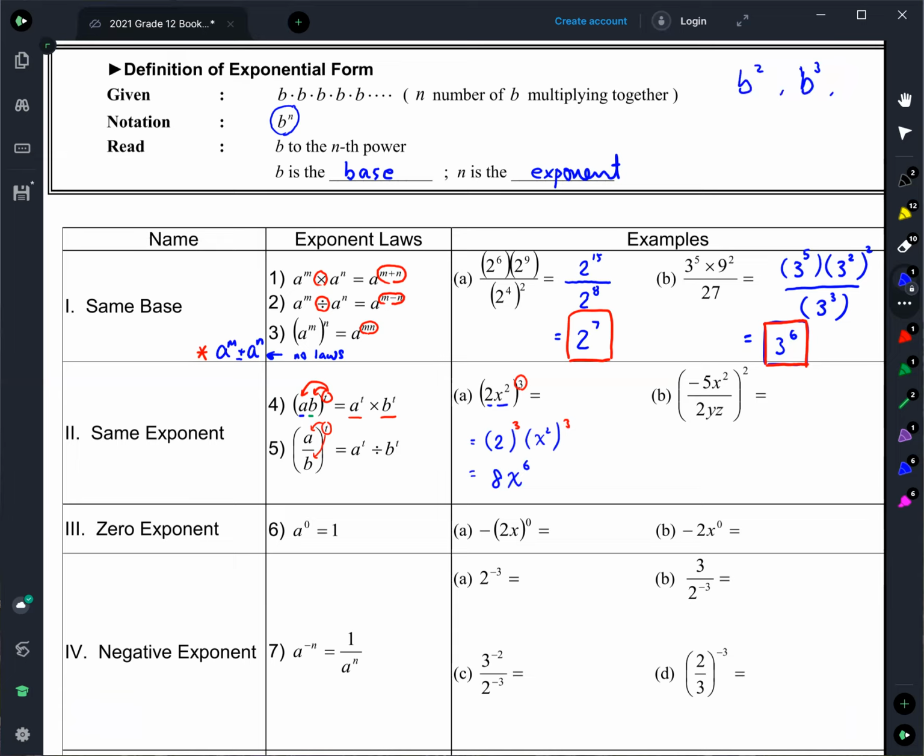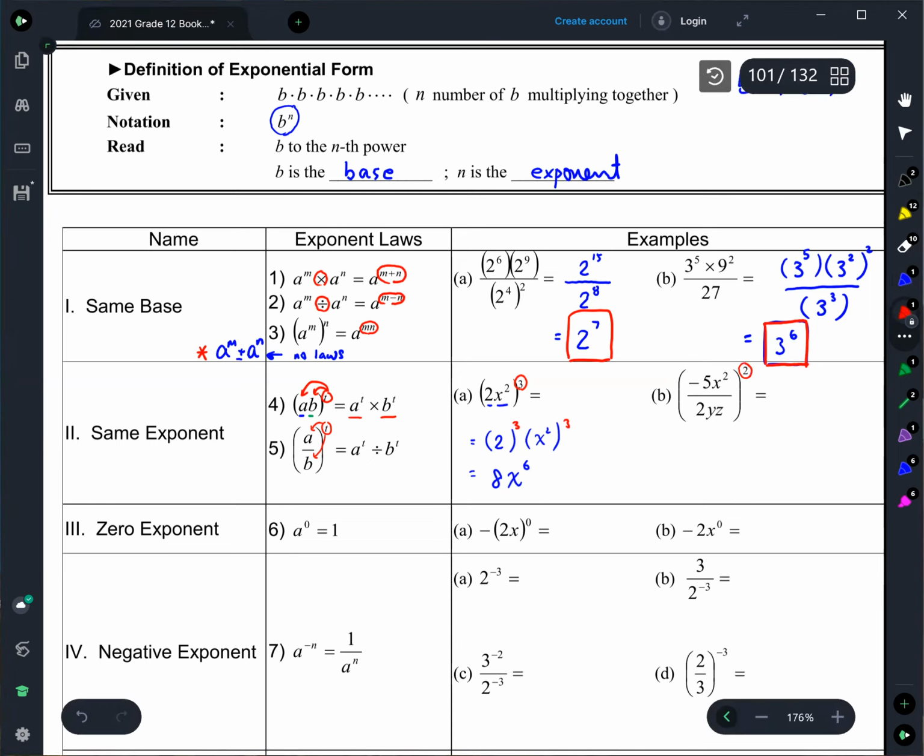All right, so I'll let you try question B now. So think about how many items are inside you need to share. Okay, the exponent you are sharing in is the square. So please raise your hand after you found the final answer.